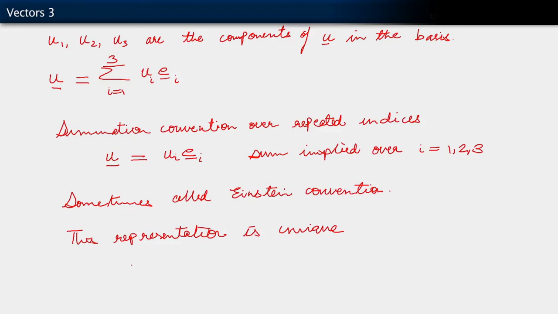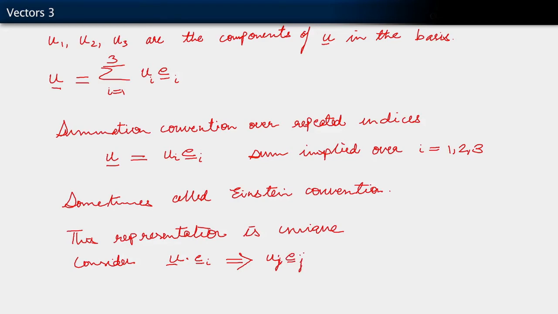The way to see this is actually quite straightforward. We consider the following: u is a vector, and so is e_i, so we can consider their dot product. We write this out as follows, with u_j e_j as my representation of u.